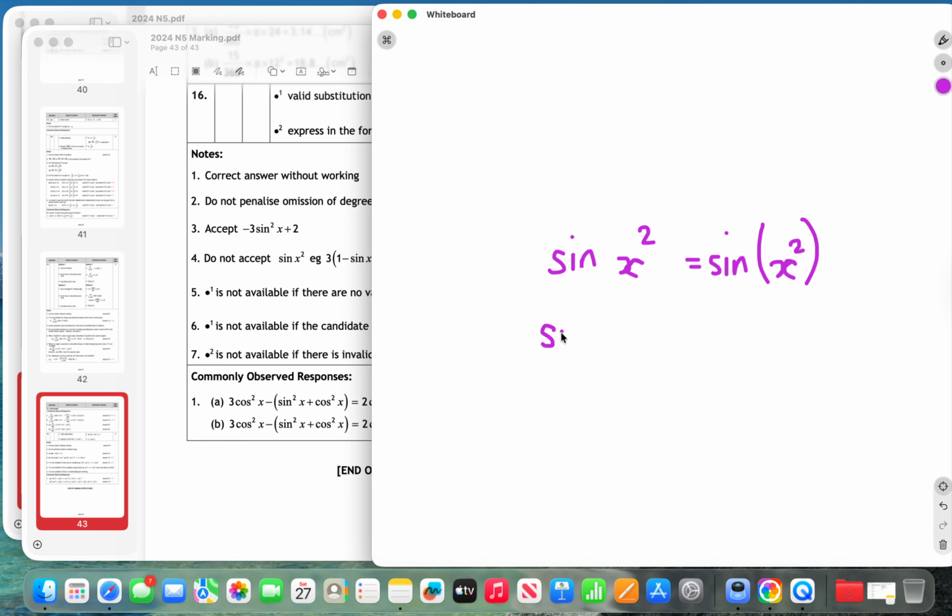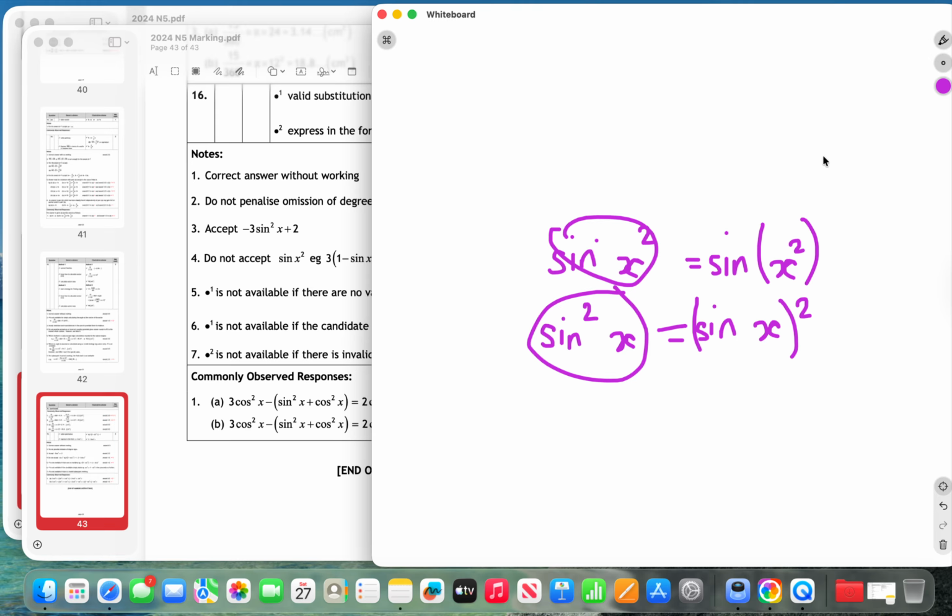Whereas in the question we had this, which is something totally different. What this means is you have x, you find the sine of x, then you square. So this is an aside to the rest of the question, but I want to make this absolutely clear that these are not the same thing. So sine squared x is the sine of x all squared, but this means you find x squared, then take the sine of it.